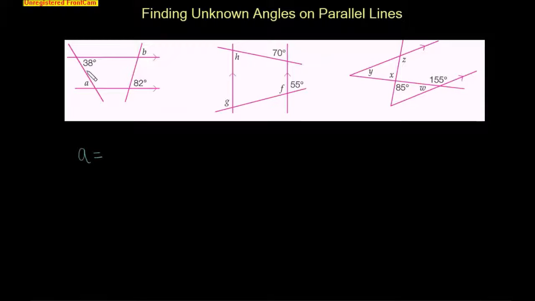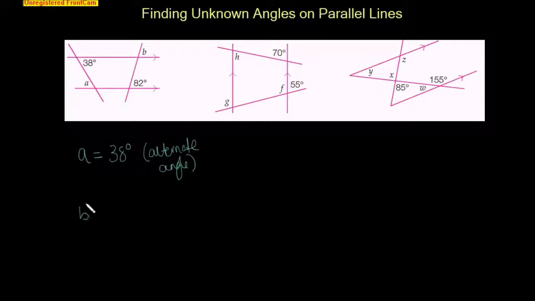So thirdly, we've got alternate angles, which that relationship is, they are alternate. A is on the opposite side of the transversal, and it sits above the parallel line, where 38 sits below it. So A would be 38 degrees, because it's an alternate angle. Okay.